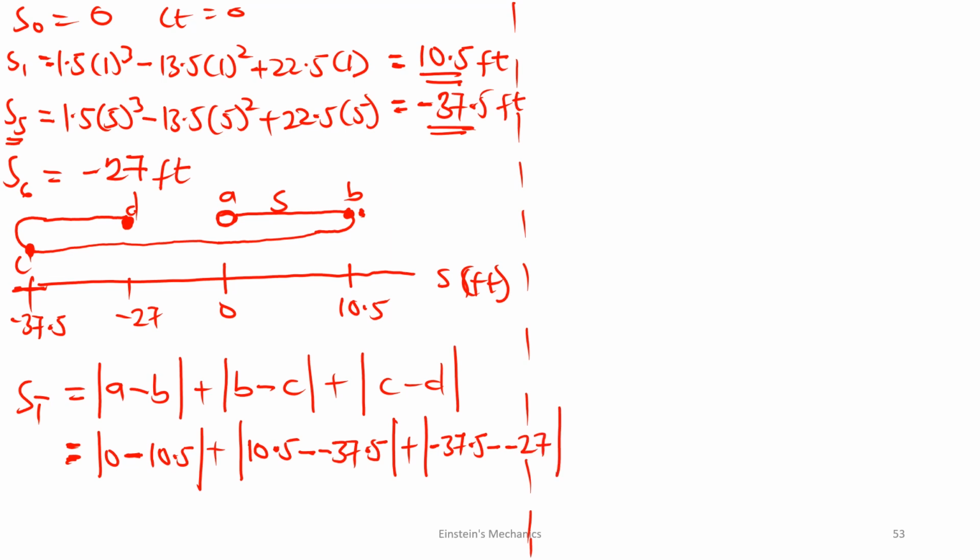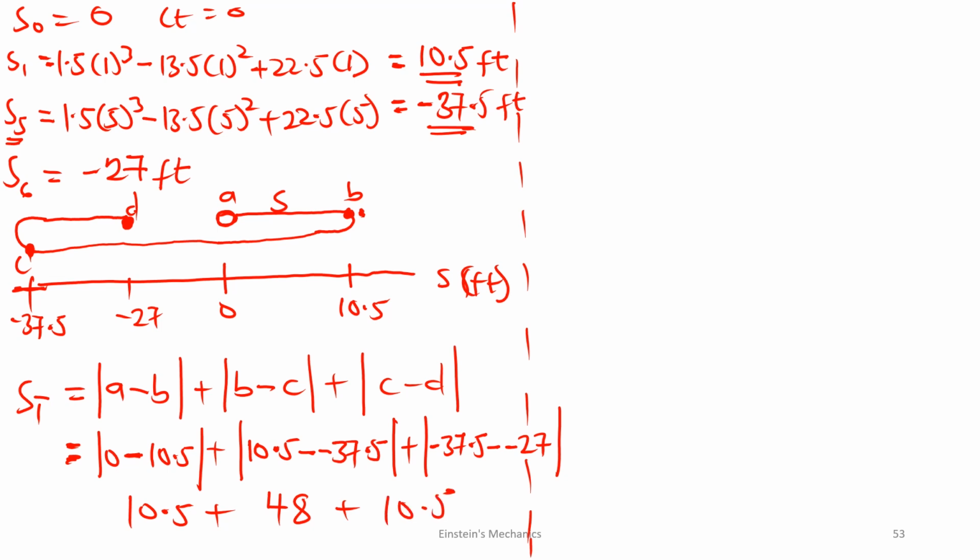Are we good? Alright, so now you will see that this is going to be negative 10, but the magnitude will give us 10.5, plus this will be addition, which is 48. This is also going to give us negative 10, but the magnitude is going to be 10.5.